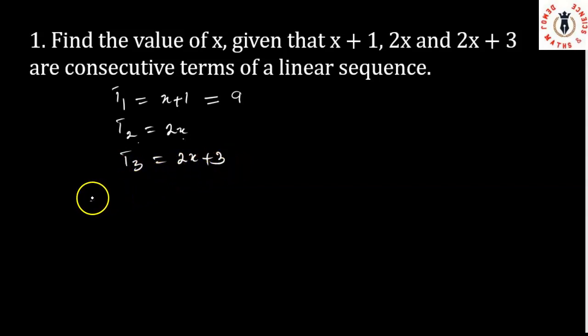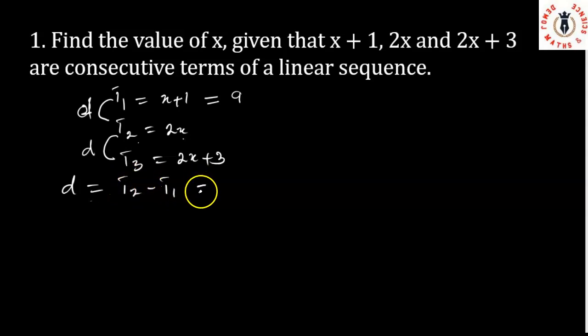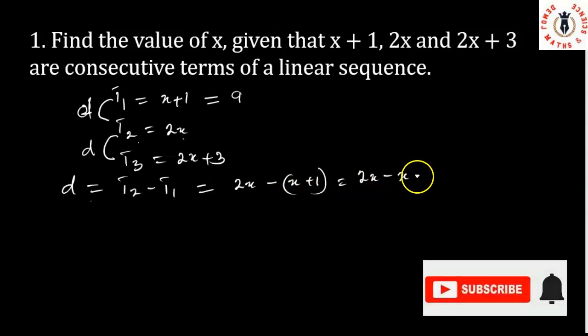As established in our first lesson, the difference between each of them must be the same. The difference between t1 and t2 is d. The difference between t2 and t3 is d. That is, if d is equal to t2 minus t1, that means d is equal to 2x minus (x plus 1), which is equal to 2x minus x minus 1.